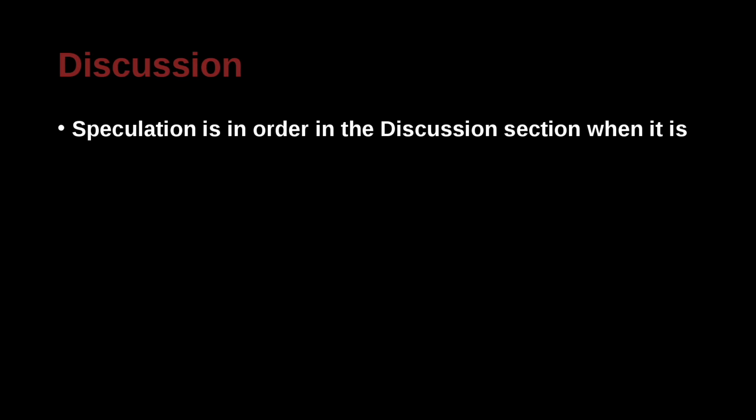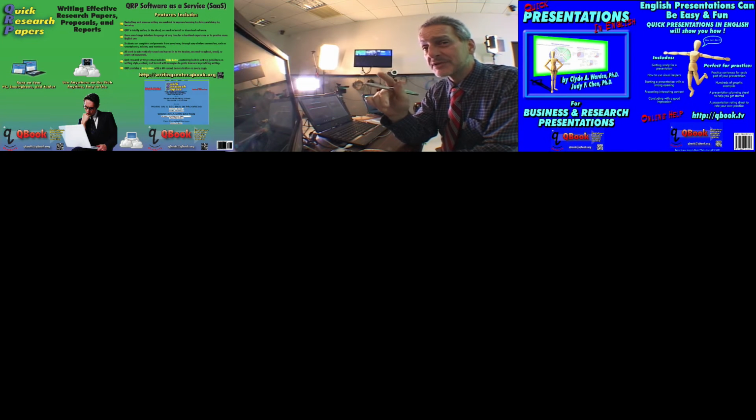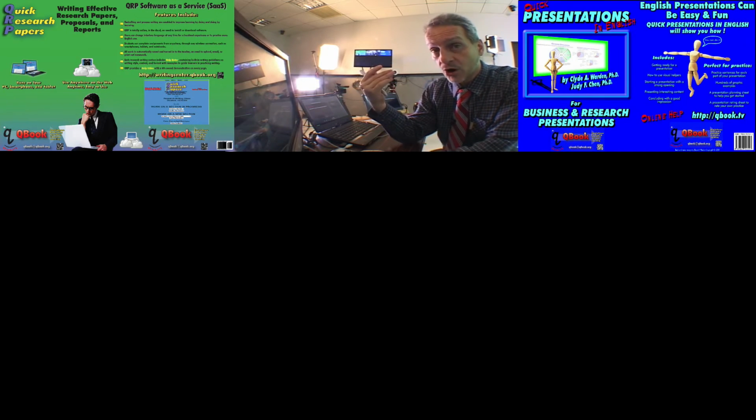This can be especially useful if you have the case where your hypothesis has been rejected. If your hypothesis is rejected, then here is your chance to explain why you think that the hypothesis you came up with, based on existing literature, is wrong, or the hypothesis may be right, but your research method has a problem, something is wrong.